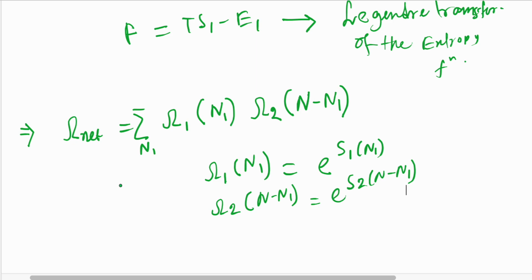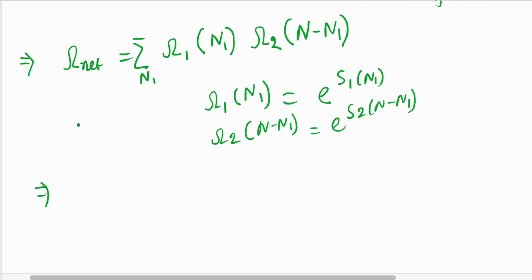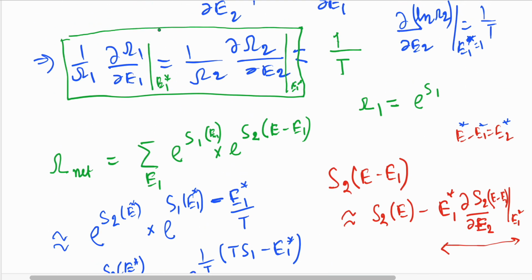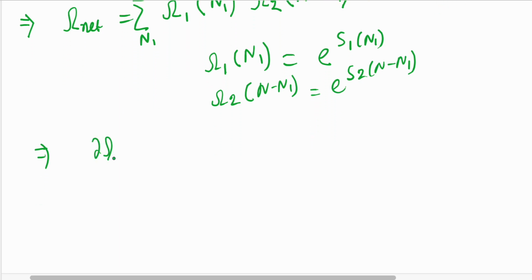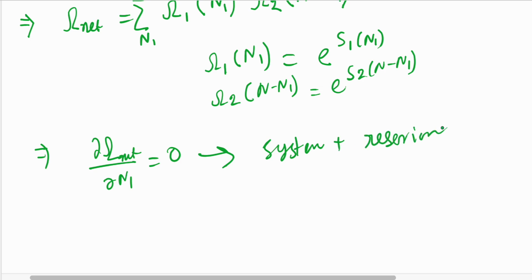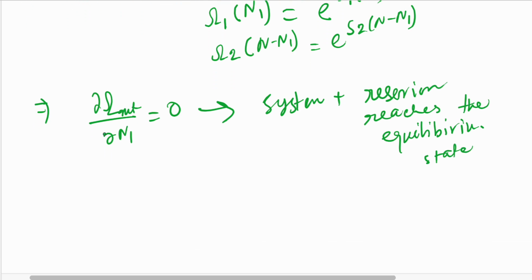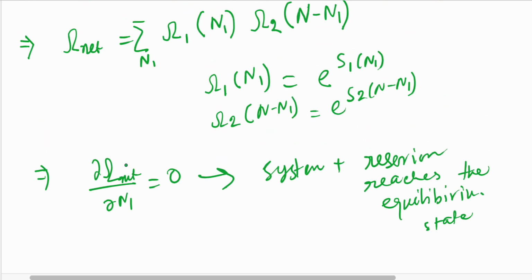Again, by the same analogy as the previous case, when del sigma net by del n1 equals 0, we say the system plus reservoir reaches the equilibrium state.